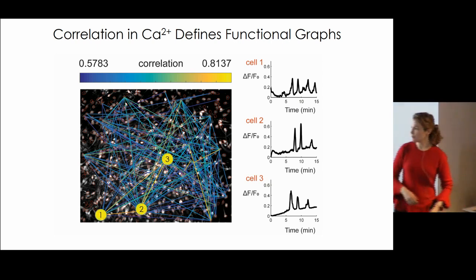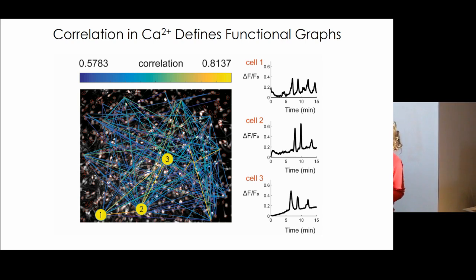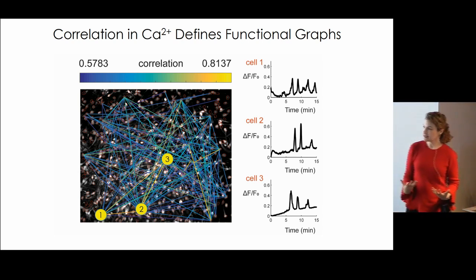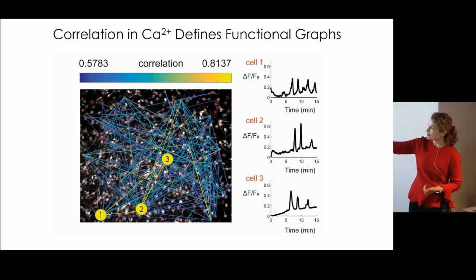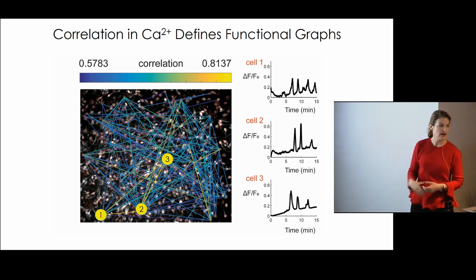So as an example, you can see these 3 cells, and by our analysis here, they're correlated above a threshold, so there's an edge drawn between them. That means their activity is telling us that these cells are communicating with each other. You can see this by their graphs here too, that the spikes in the calcium, or the normalized calcium levels, are also correlated with each other.